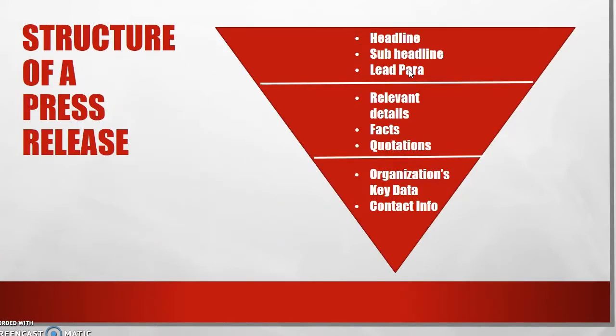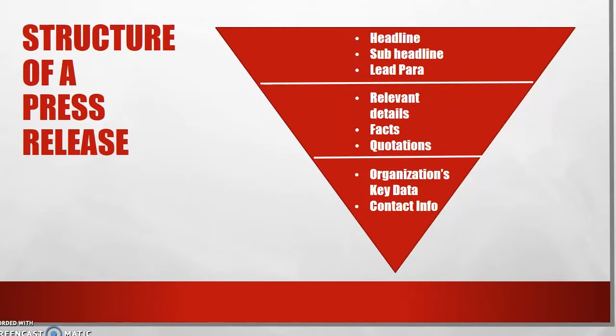So, a press release encapsulates the most crucial information within the headline, the subheadline, and the first paragraph, which is called the lead paragraph. Then it goes on to present more details and facts, often supported by quotations from key people to build up the body of the news story further.